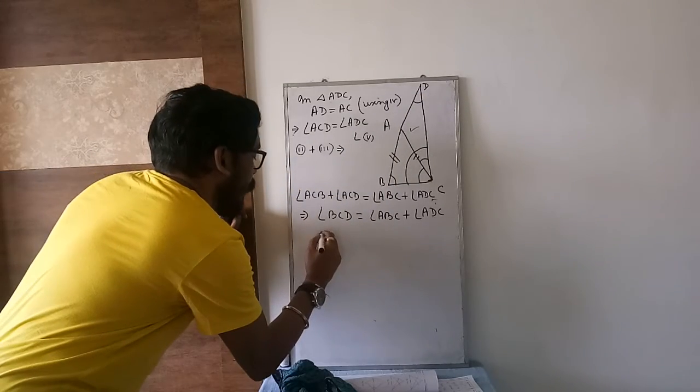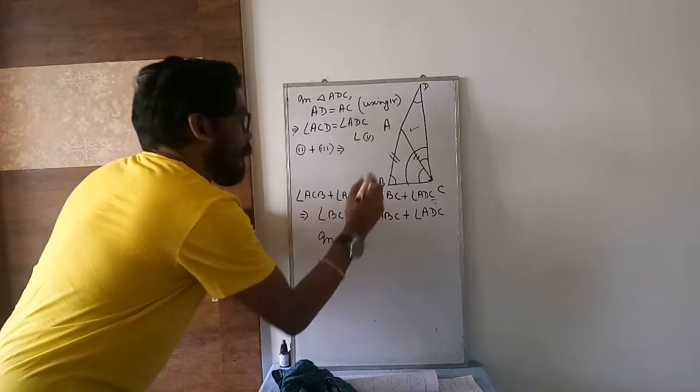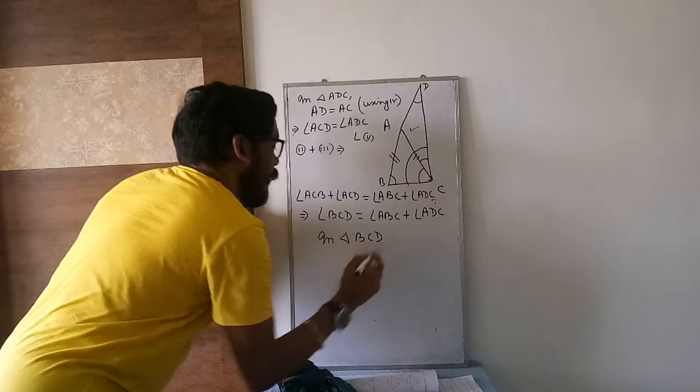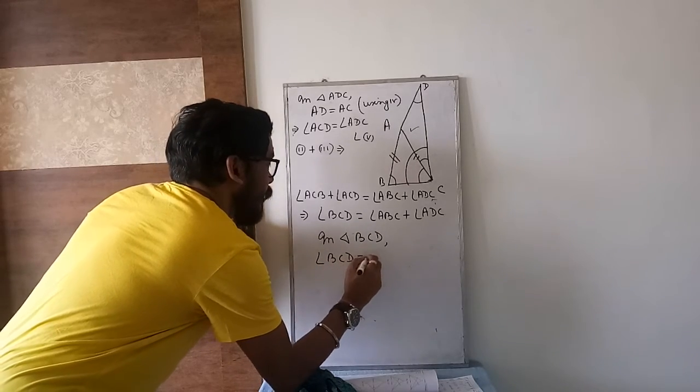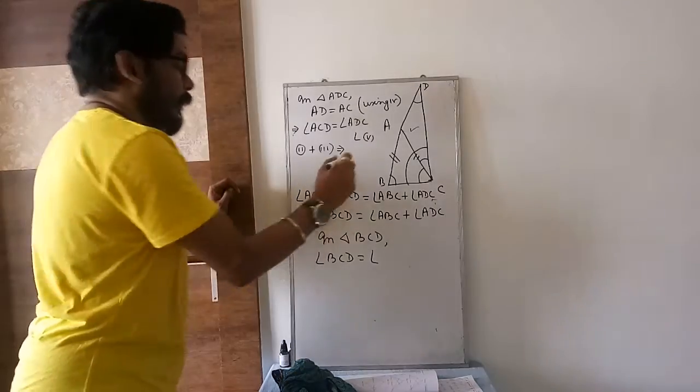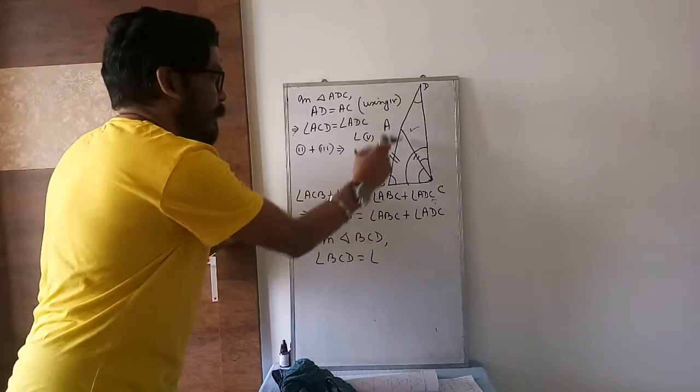So you can write in triangle BCD, angle BCD equal to angle ABC plus angle ADC.